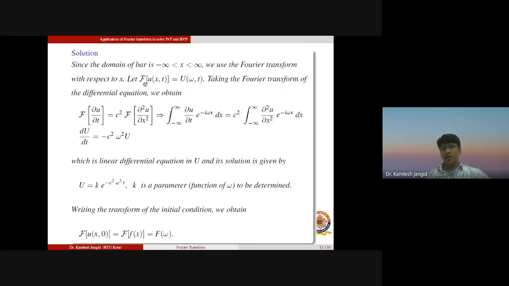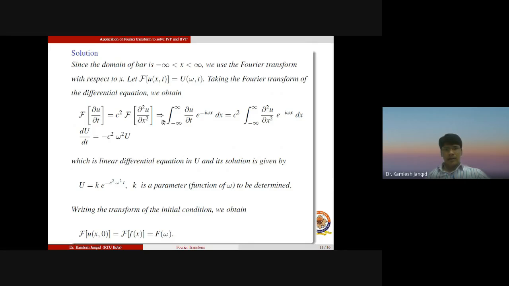So let the Fourier transformation of this temperature distribution function u(x, t) equal capital U(ω, t). Now taking the Fourier transform of the differential equation, we obtain that the Fourier transformation of the left hand side equals c² times the Fourier transformation of the right hand side.